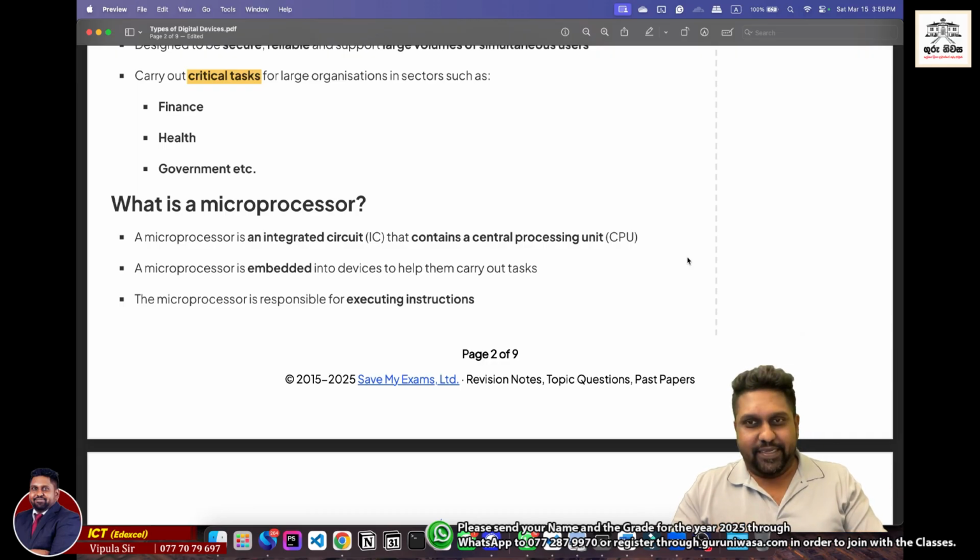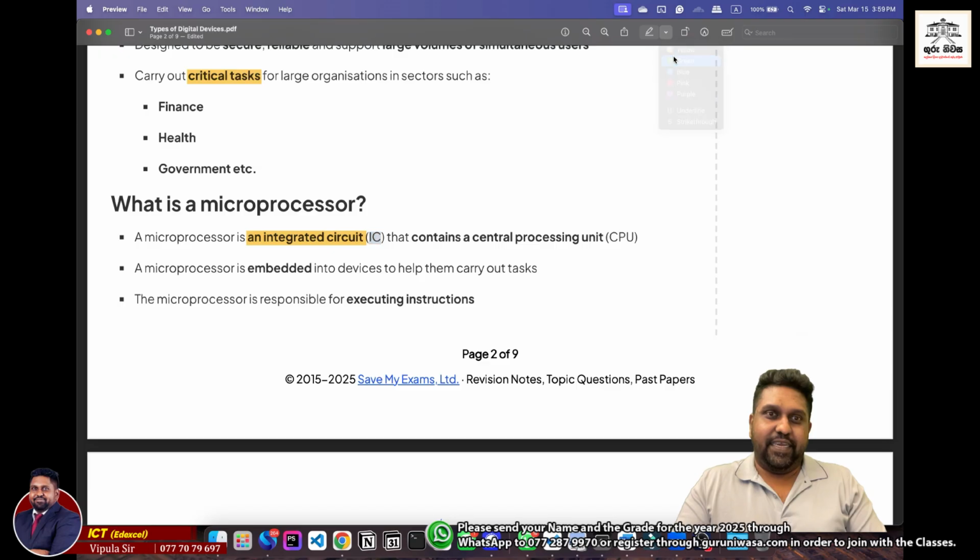Other examples: a power supply, an IoT device, all these devices contain ICs. So whenever we say the name microprocessor, the first keyword which should pop into your mind is integrated circuit, also known as an IC.